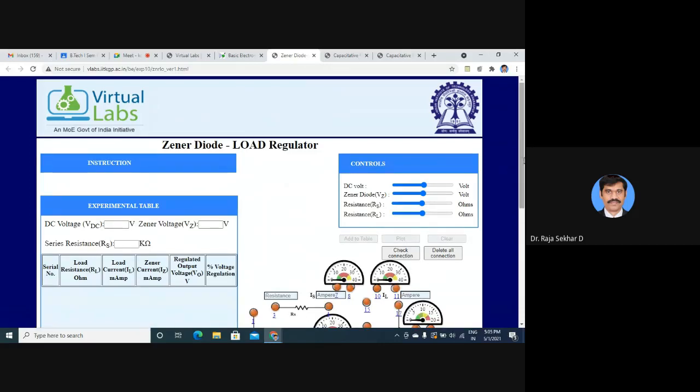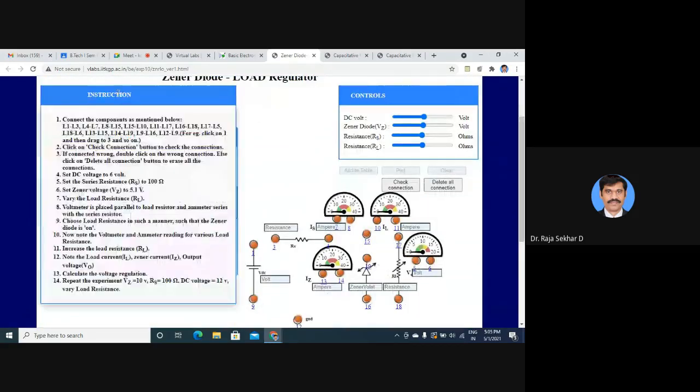We'll see that. Now connect the circuit by observing these instructions. L1 to L3, L4 to L7. Connect faster.